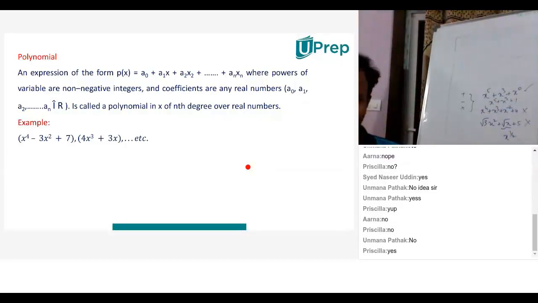X power 0 is nothing but 1, and the exponent is 0, so it's a whole number. The power should be a whole number. Children, are we clear? So I can call this a polynomial. These two I cannot call polynomials, although all of them are algebraic expressions. I hope I'm clear here. Yes? Okay. Thank you.